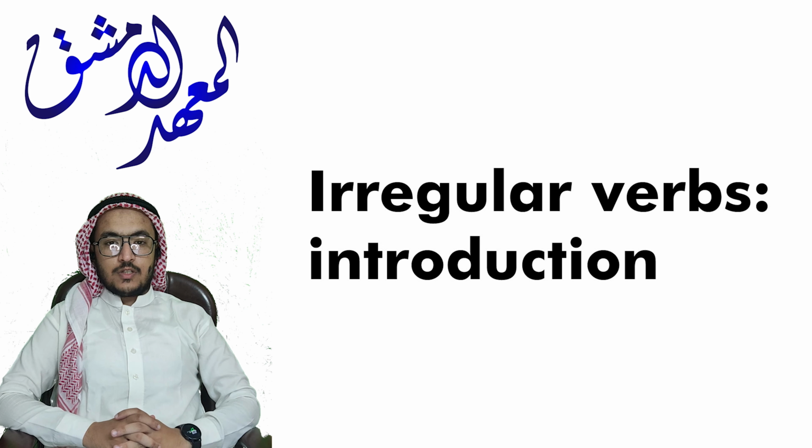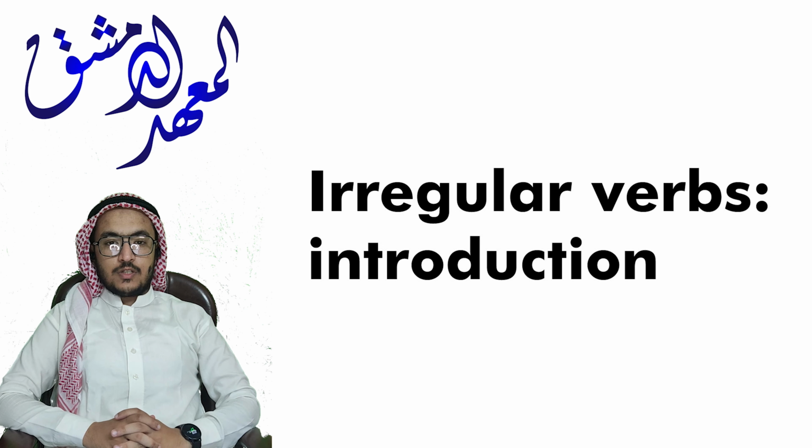So now this table summarizes the past tense for the hollow verbs. أنا زرت, أنت زرت, أنت زرتي, هو زار, هي زارت. And similarly for طار يطير, it becomes أنا طرت, أنت طرت, أنت طرتي, هو طار, هي طارت.